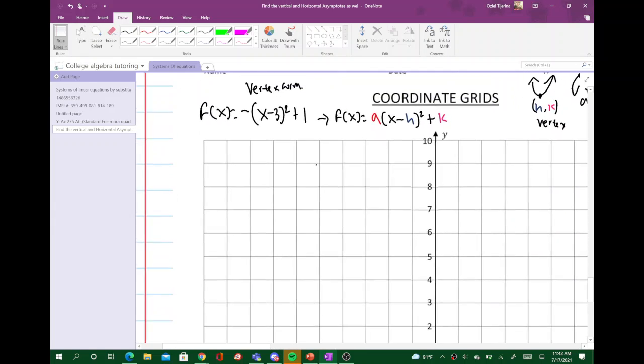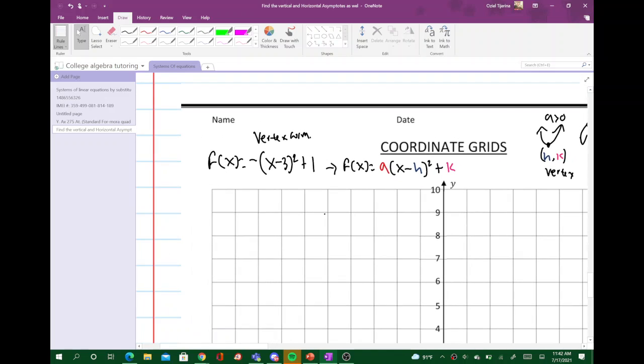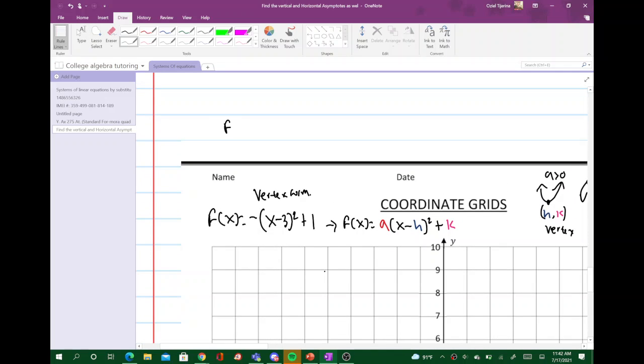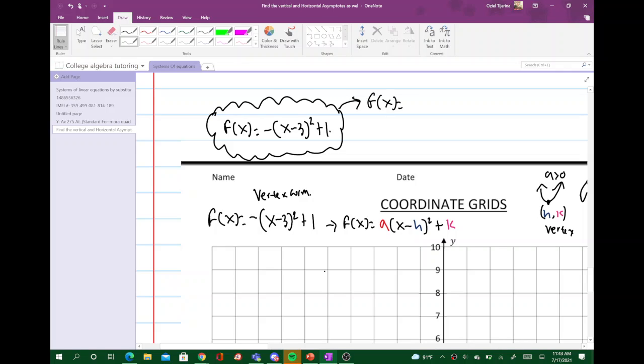So looking at this, if I rewrite it up here, f of x equals negative the quantity x minus 3 squared plus 1. I'm going to simplify this a little bit better. This whole function can be rewritten like this: f of x equals, and we're going to color code it so that you guys can know what I'm talking about.